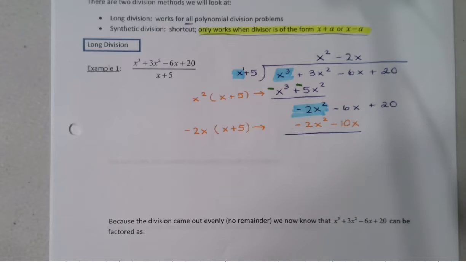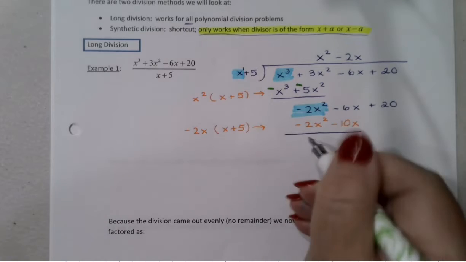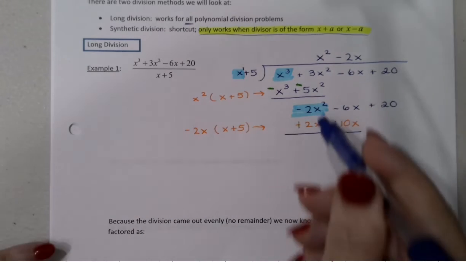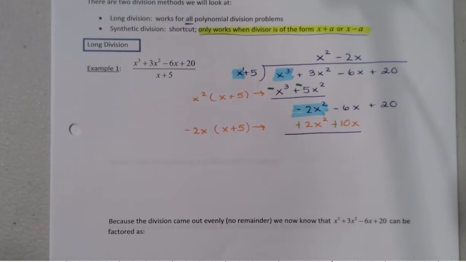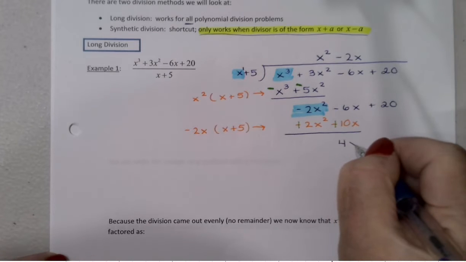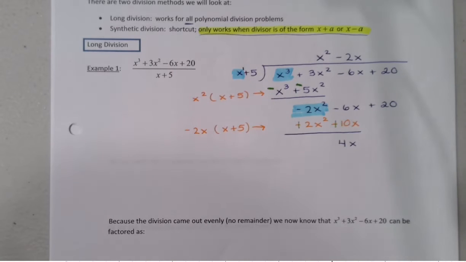Now I'm subtracting, and keep in mind subtracting a negative actually means that it turns into a positive, right? So my positive and negative 2x squared terms, those add up to 0, and those are going to add up to a positive 4x. And there's a complete second cycle of the division process.